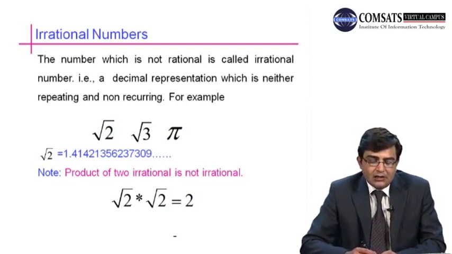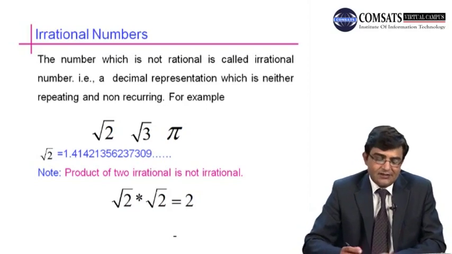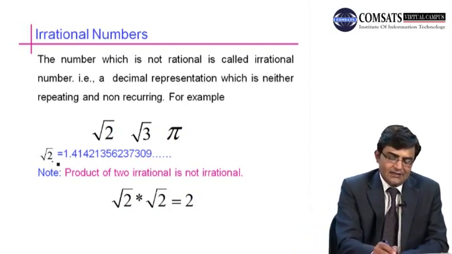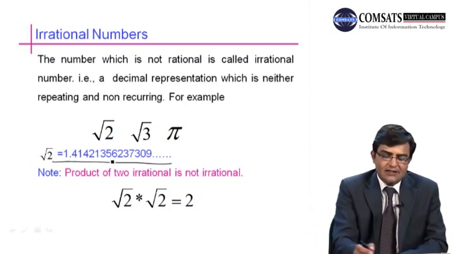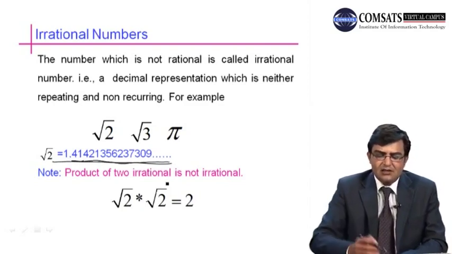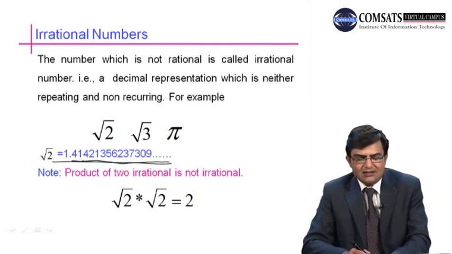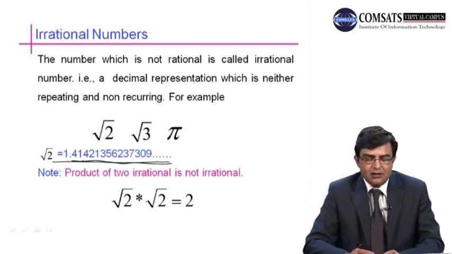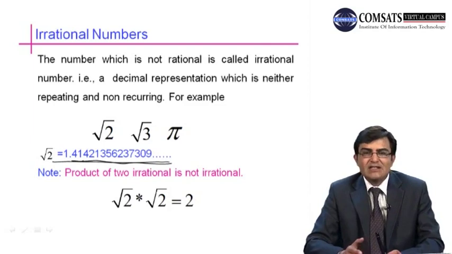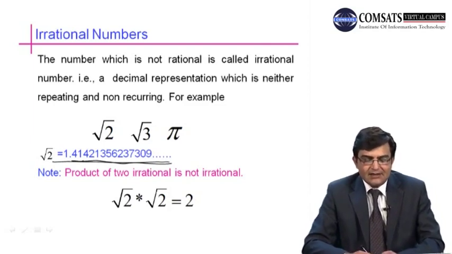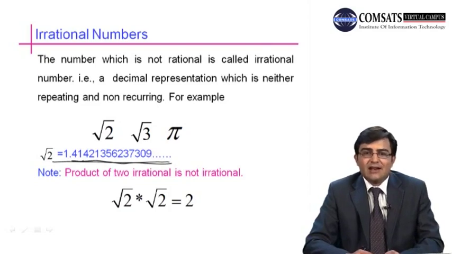I have told you in rational numbers that in a decimal form, if after the decimal any sequence of numbers doesn't repeat, like after point 4 1 4 2 1 3 5 6 2 3 7 3 0 9, there is no sequence which is repeating in this number after the decimal, so this number is not a rational number.